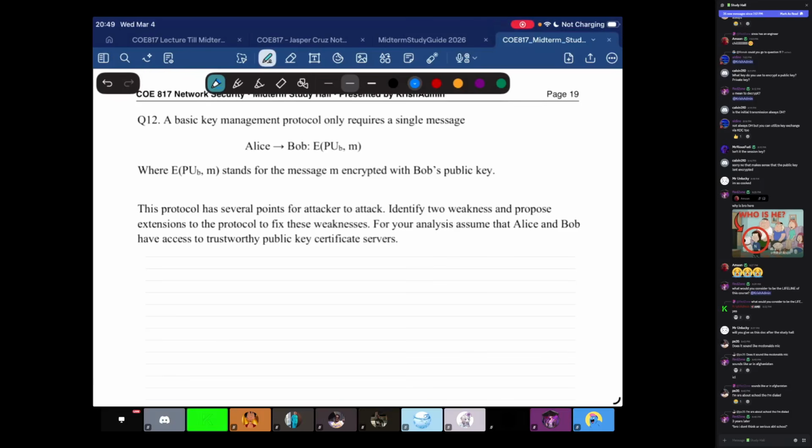Identify two weaknesses, and propose extensions to the protocol to fix these weaknesses. For your analysis, assume that Alice and Bob have access to trustworthy public key certificate servers. So, I guess answer number 1. It's asking for two weaknesses and proposed extensions to them.